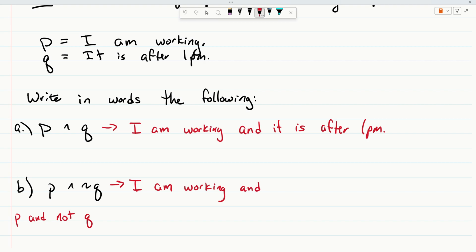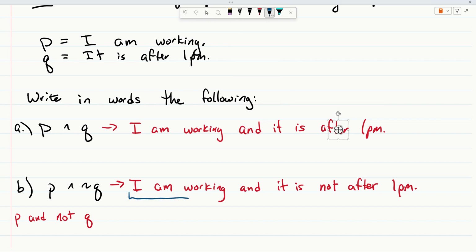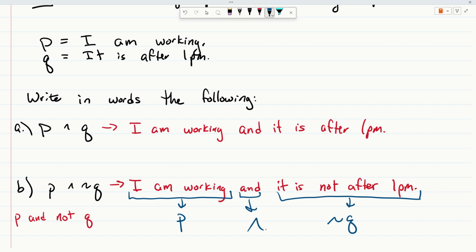And not Q would be it is not after 1 p.m. So here's what we have here. Here's Q. Here's P. Here is not Q. And then we have our conjunction statement, the word and.